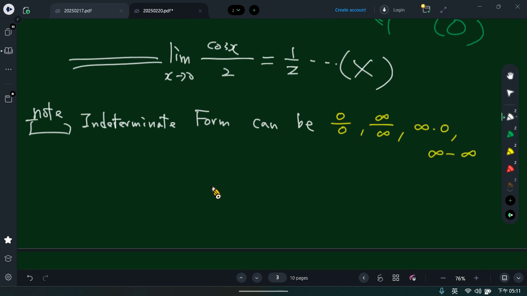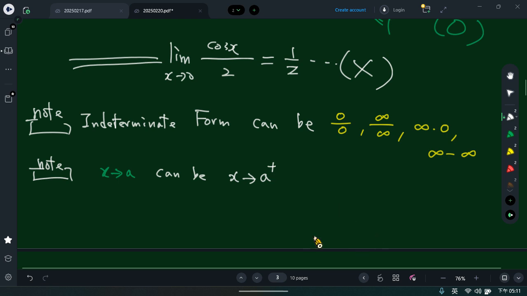And at the same time, for the indeterminate form, when you face the problem, x is approaching a here, it can be x approaching a plus. This is about the right limit, right? Because x is approaching a plus. That means x is approaching a little bit more than a.